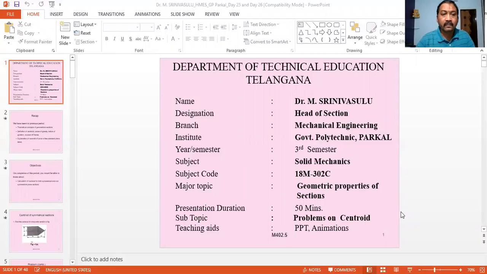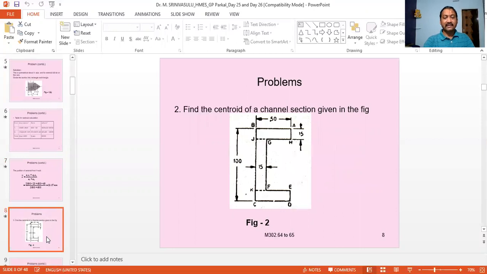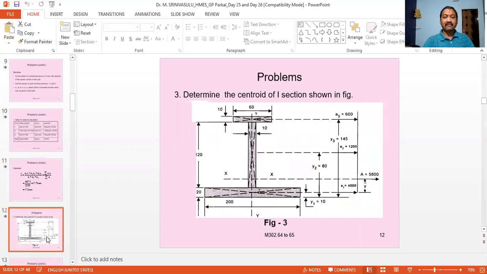Now, in the last classes we have been discussing problems on finding the centroid, that is the x and y coordinates of the centroid, of some complex figures like this figure, C section and I section.